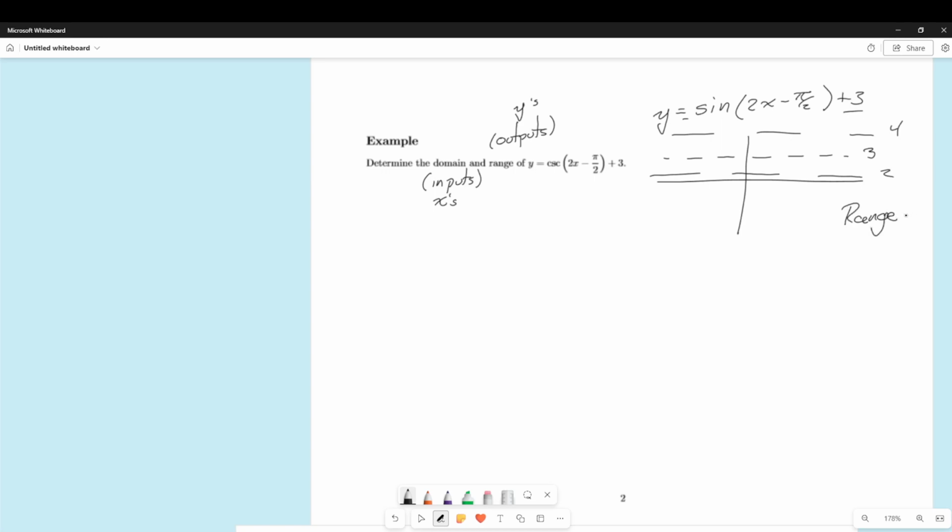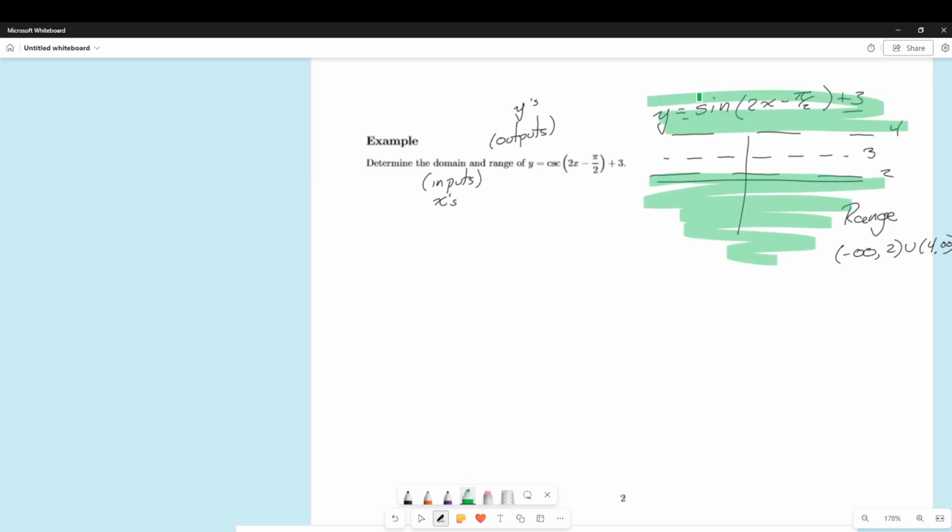The range is going to go from negative infinity to 2, and from 4 to positive infinity. Our output values are going to be below 2 and above 4. That's where our graph is going to live. So that's our range.